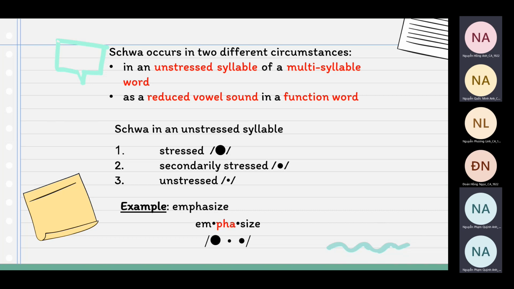As you can see, the example "emphasize" has all the levels of stress. The first syllable is stressed, the second syllable is an unstressed syllable pronounced as a schwa, and the third syllable has a secondary stress. And now let's listen to the IPA. Emphasize.